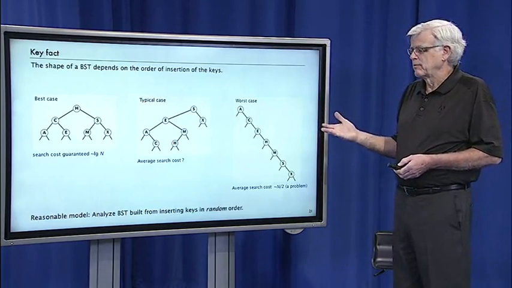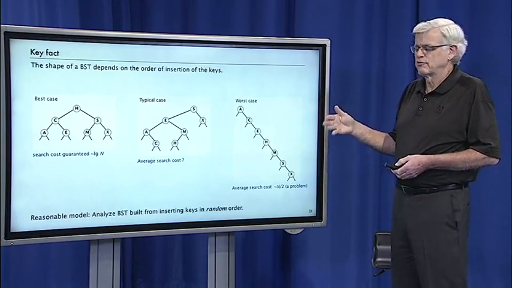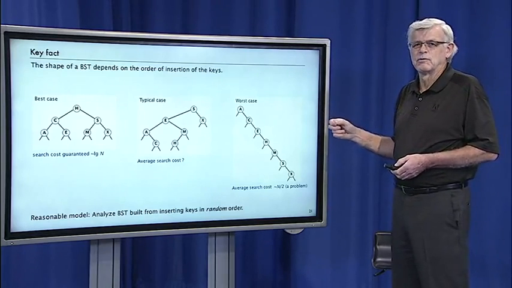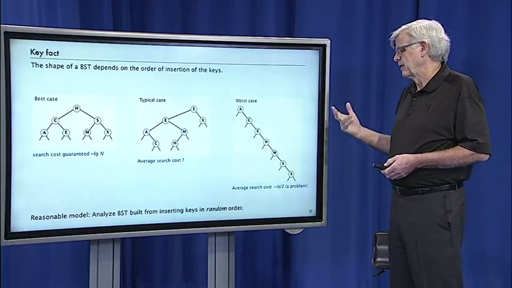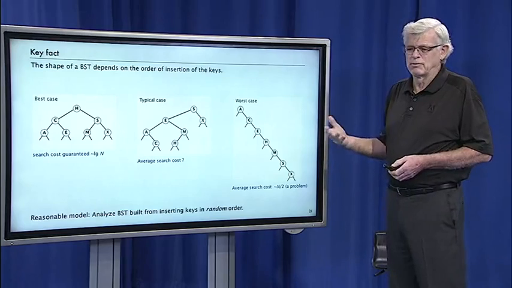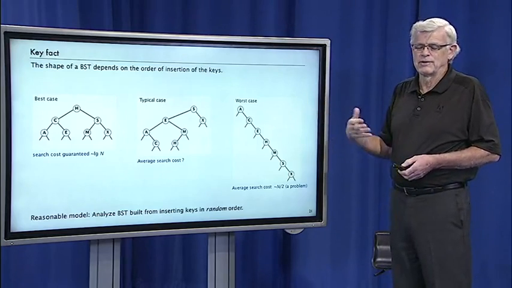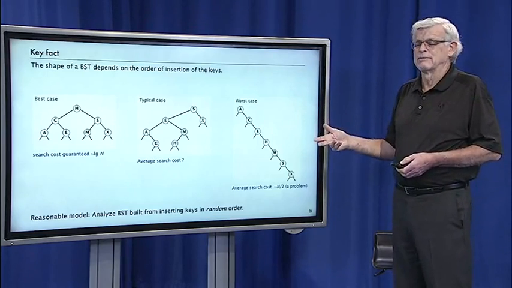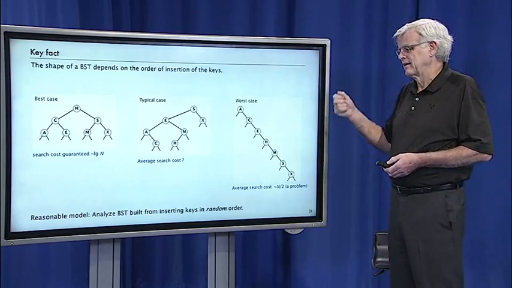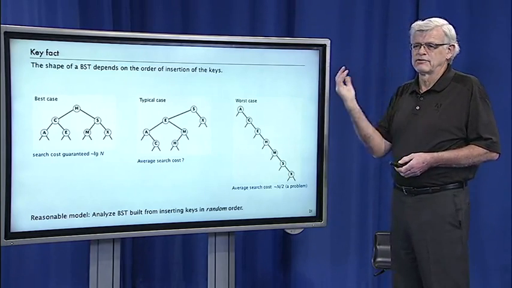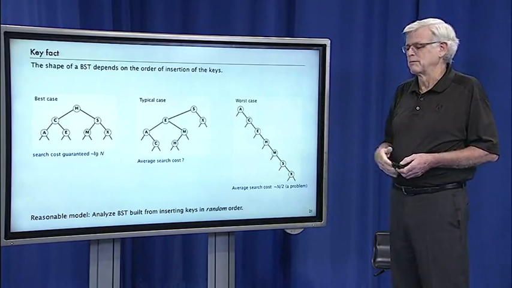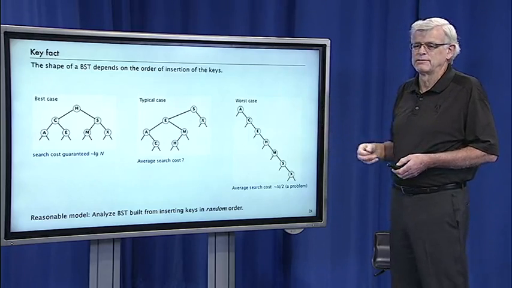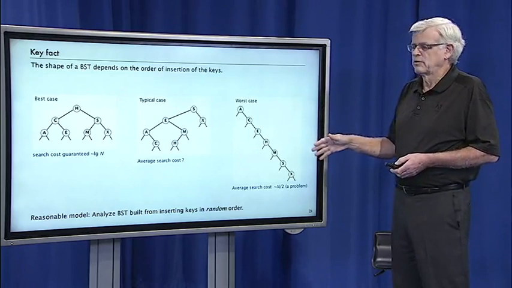So it's reasonable to analyze binary search tree structures under the assumption that the keys are inserted in random order. Now, that's a starting point. Certainly, you've got situations where clients do not insert them in random order. And it's not like Quicksort where we can randomize because the insertions might come from some completely external force, and we don't have any way to rearrange their orders.